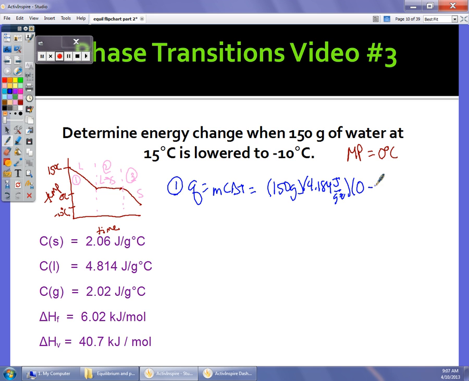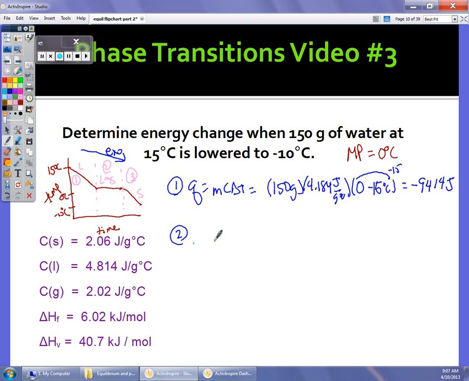So final minus initial. And my Q value when I'm done is negative 9414 joules. Negative, because 0 minus 15 is going to be a negative 15 number here. And negative because I am going downhill and I am exothermic.